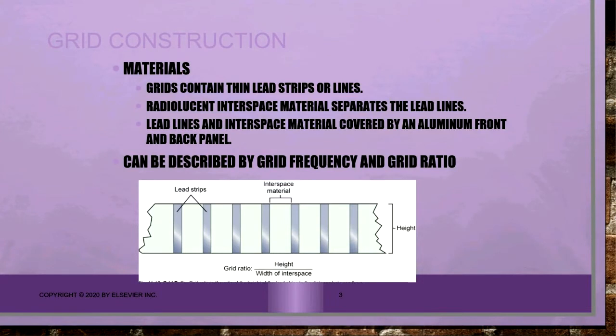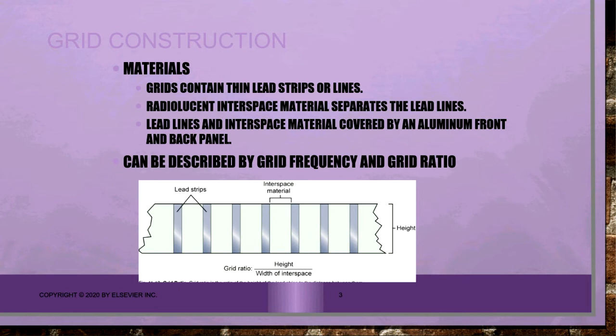The thin lead strips or lines of lead are the radiopaque material in a grid. Then you have radiolucent interspace material that separates the lead lines, typically made of aluminum, which is atomic number 13.